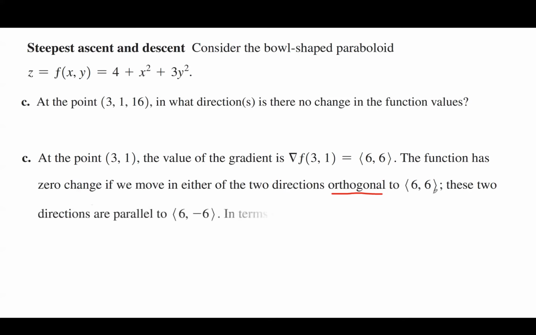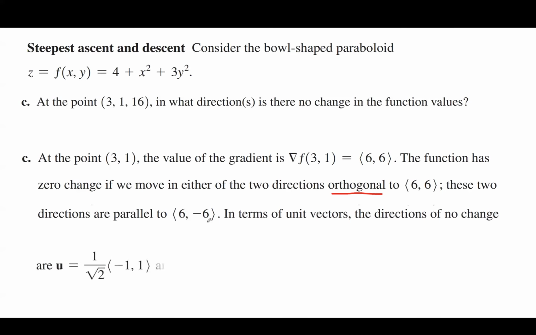These two directions are parallel to 6 and -6. In terms of unit vector direction, where we have no change, the unit vector is -1 and 1 divided by the magnitude of the vector, which is the square root of 2. And also, if you multiply by a negative sign, you get 1 and -1 divided by the square root of 2.